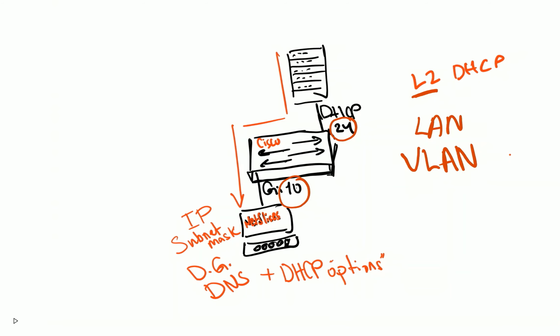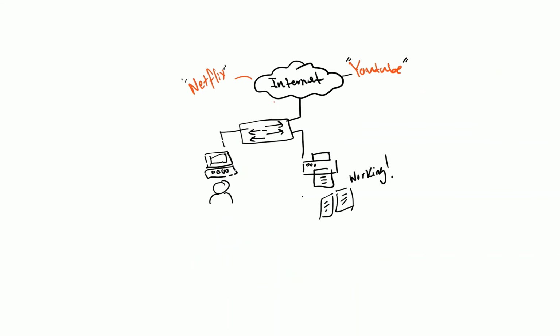And we will see after that how this PC will get an IP and those other parameters, and even DHCP options, if that is configured, which can be propagated from the DHCP server. So let's get going.